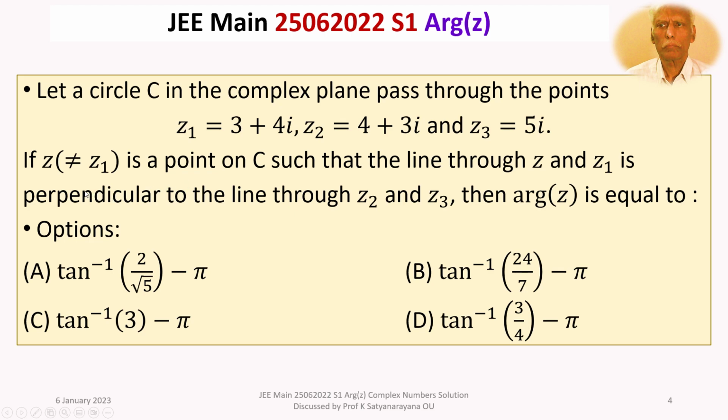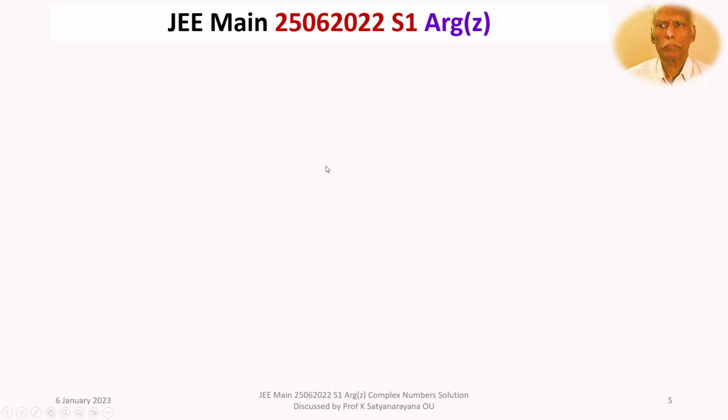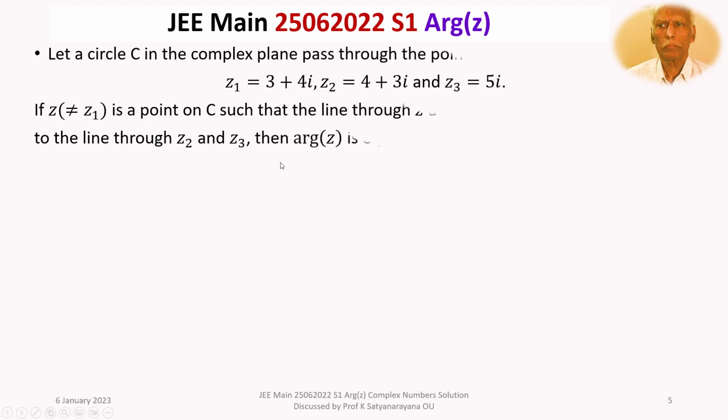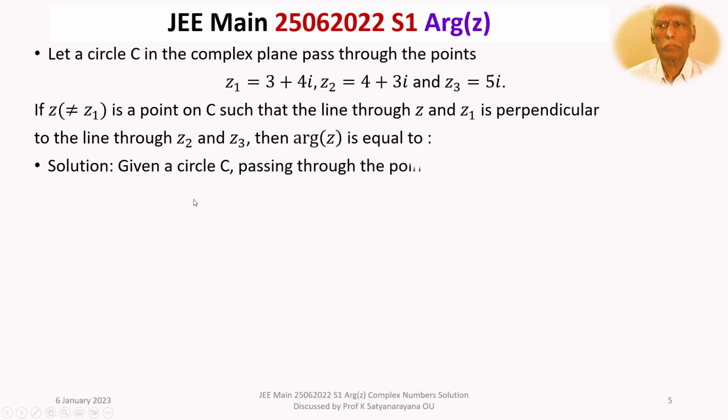And given that Z not equal to Z1 is a point on C such that the line joining Z and Z1 is perpendicular to the line joining Z2 and Z3, then we are required to find the argument of Z from the following four options. That is our given question. We now discuss the solution of the problem in detail.